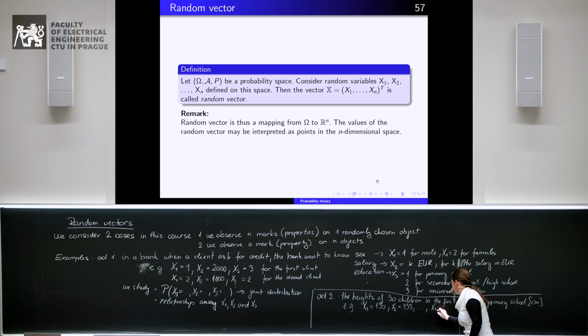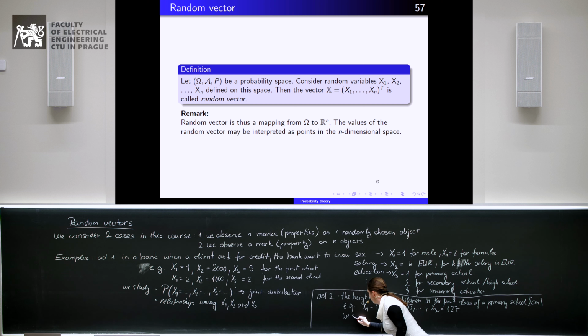And the last child is, I don't know, 127 centimeters tall. And then we are interested not in the relationship among the random variables, but in the behavior of each of the random variables. And because we suppose that it is the same sign, the same mark, the same property, we suppose that this property, this random variable, is the same for all these n objects.